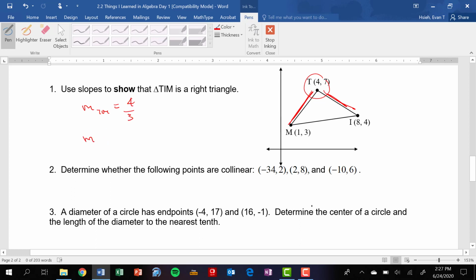And then the slope of this other one, TI, is equal to -3 divided by 4. Hopefully you can see from this that these are opposite reciprocals of each other, which means that you have perpendicular lines, forming a right angle right there.